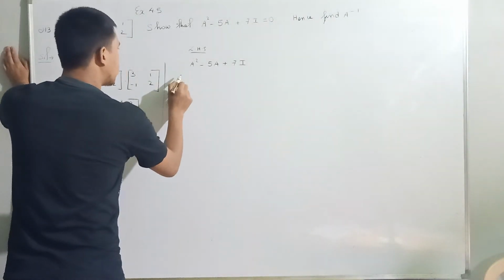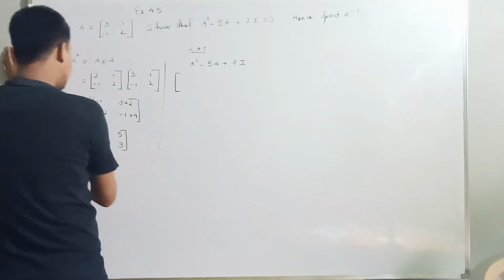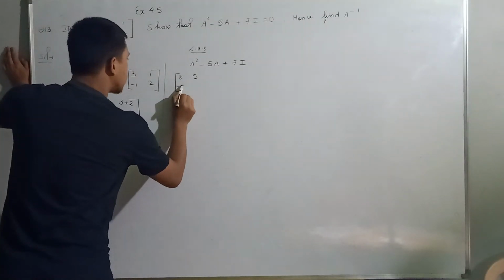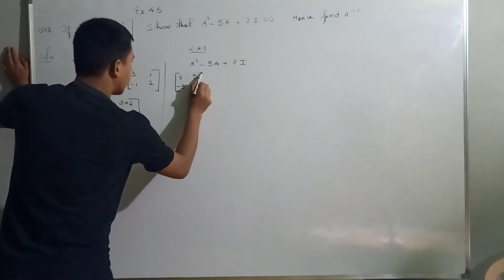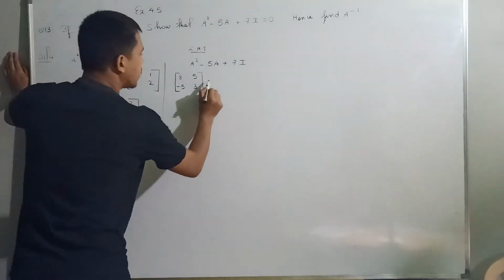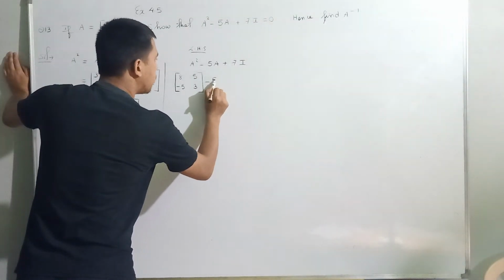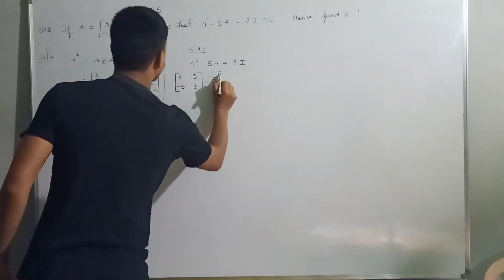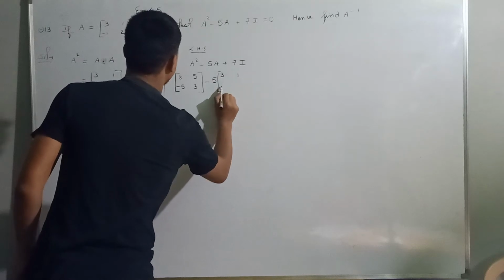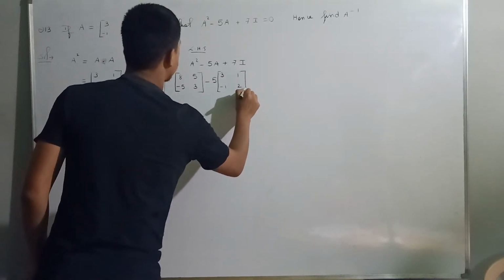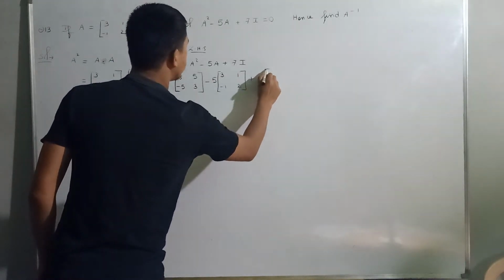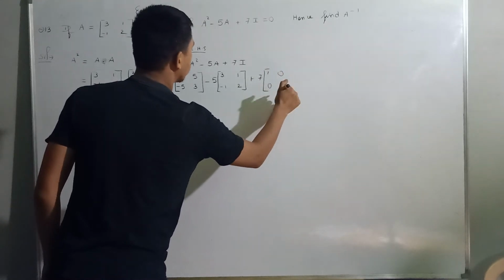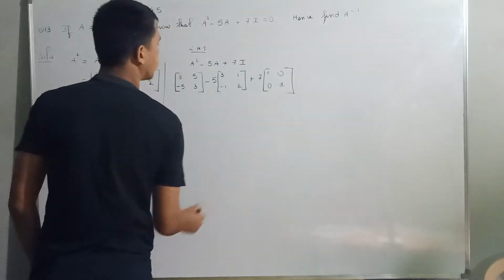So your A square is the matrix 8, 5, minus 5, 3, which we have obtained just now, minus 5 times your matrix A, which is 3, 1, minus 1, 2, plus 7 times your identity matrix 1, 0, 0, 1. This is your identity matrix of order 2, correct?